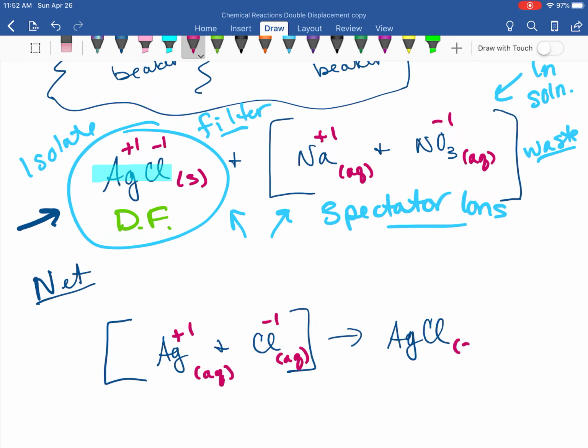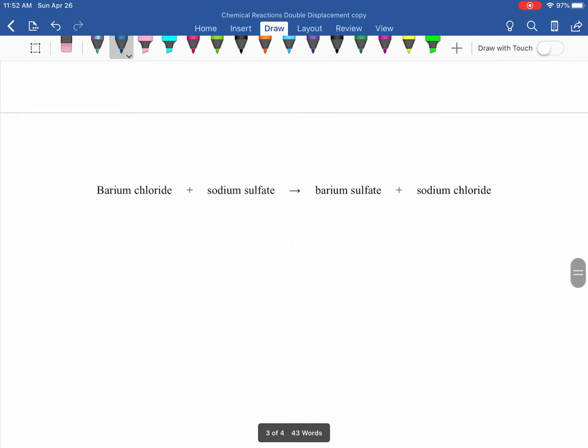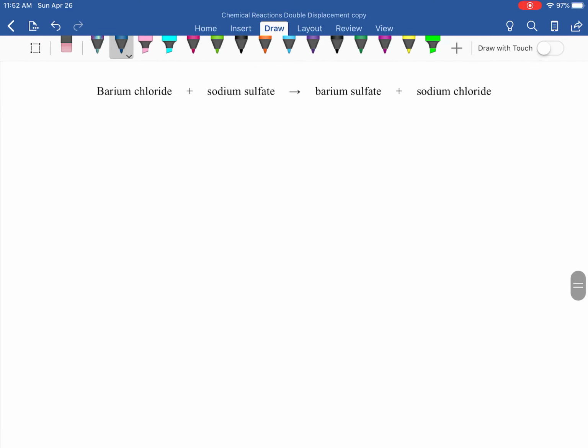So we are going to have that silver and that chloride, and when they smack together, they're going to make silver chloride. So let's add our details. So your net ionic equation is just your driving force only.